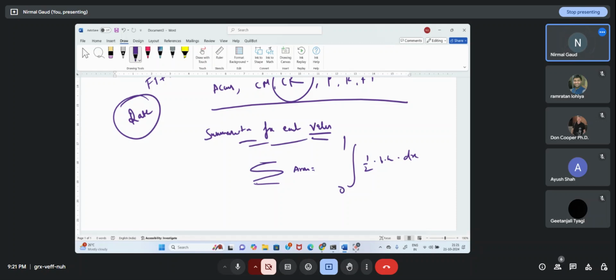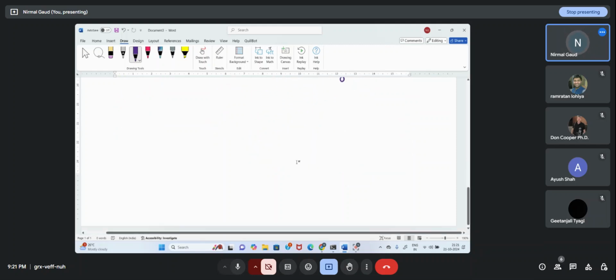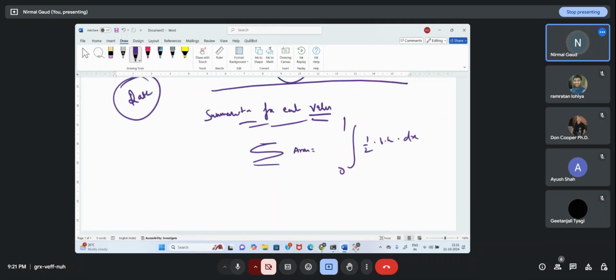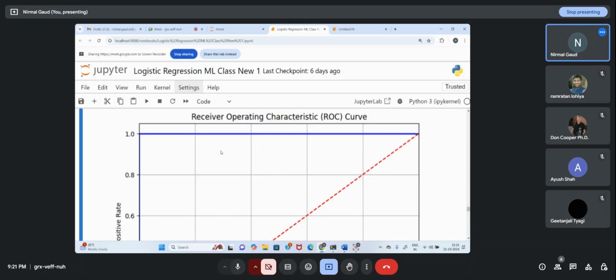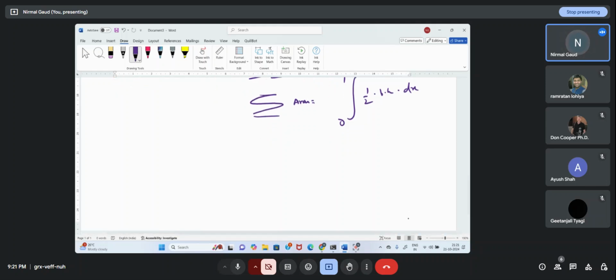So this entire thing is looking like a triangle. If I take a small strip in the triangle, let us consider this is a rectangle, its value is 1. So integration of 1 dx from 0 to 1.